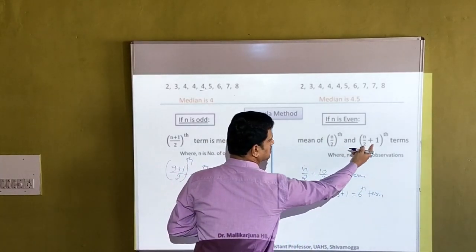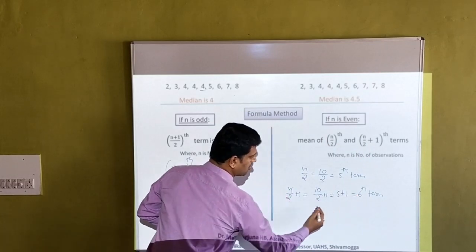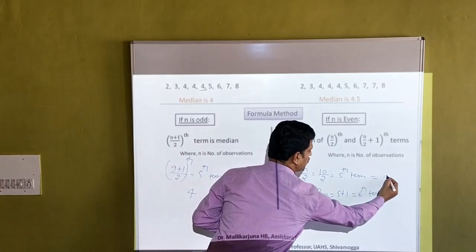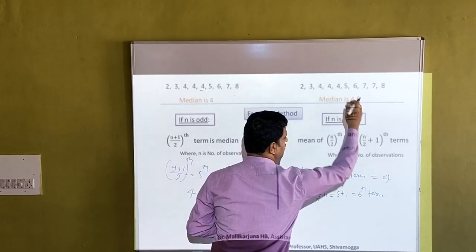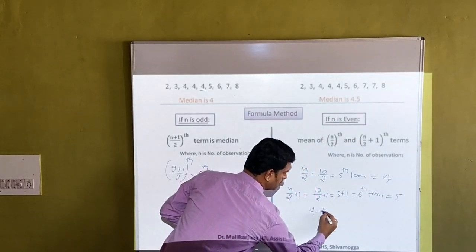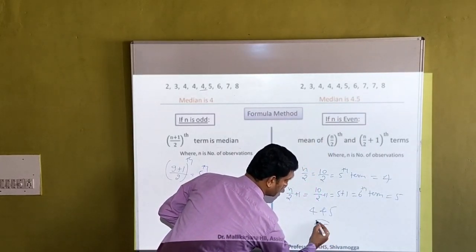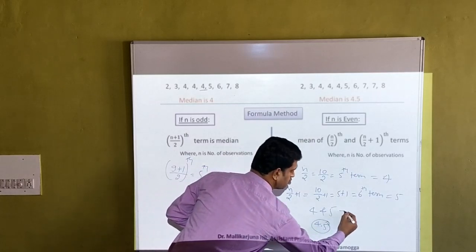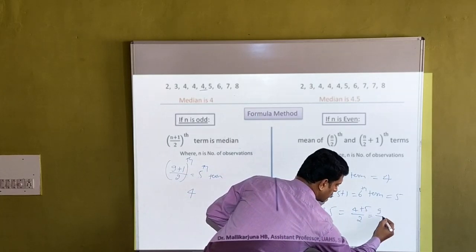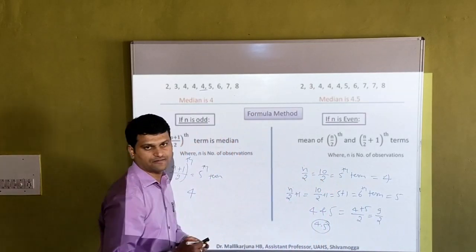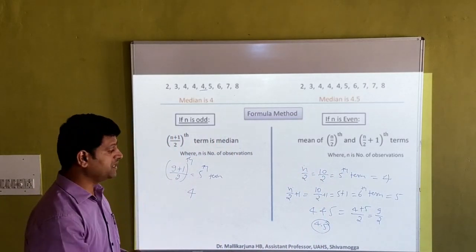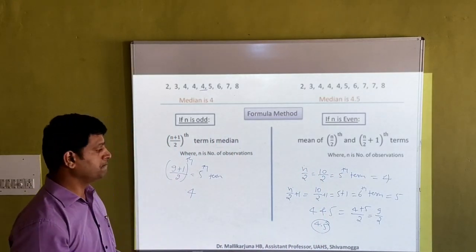So it is the mean of the fifth and sixth terms. The fifth term is 4 and the sixth term is 5. The mean of 4 and 5 is 4 plus 5 divided by 2, which is 9 by 2, so 4.5. In this way, we can find the median.